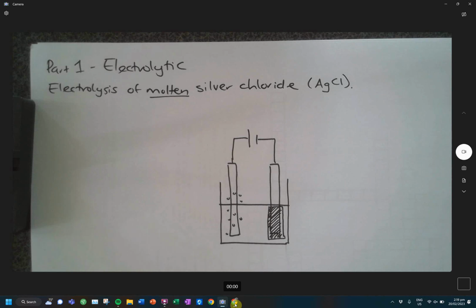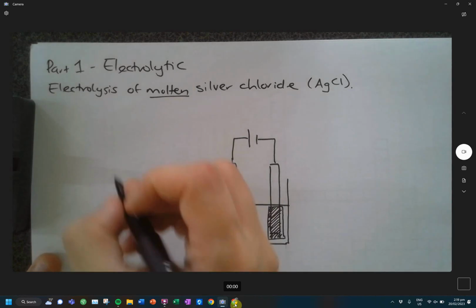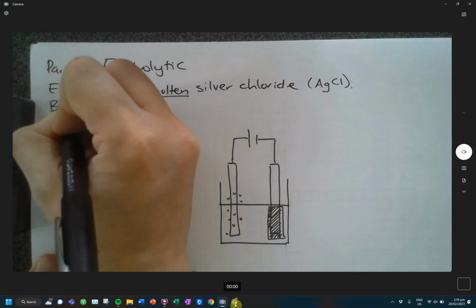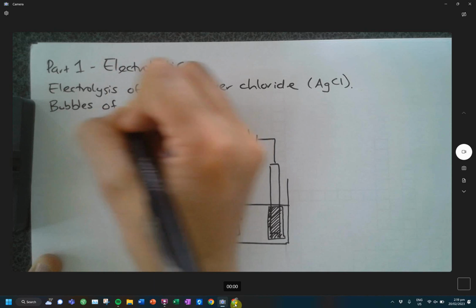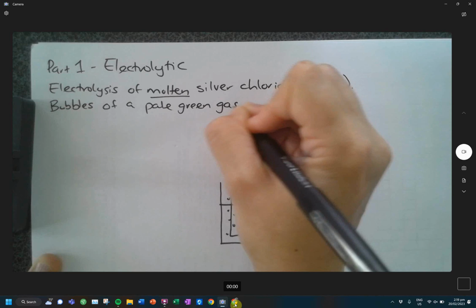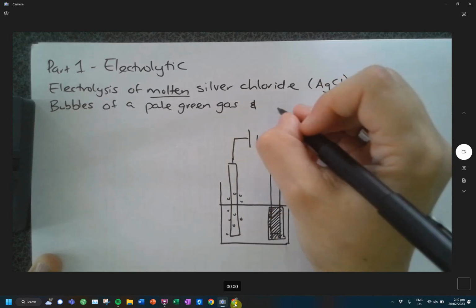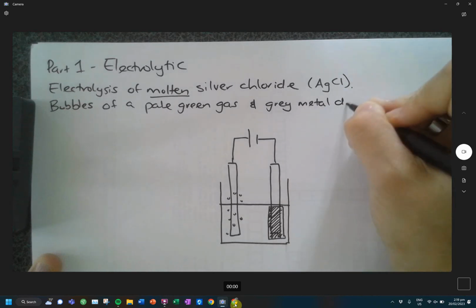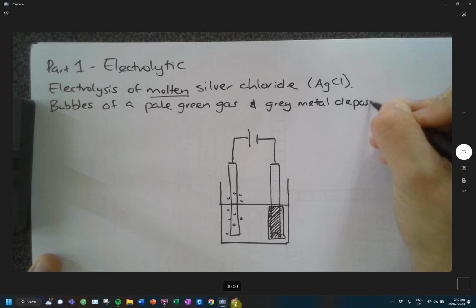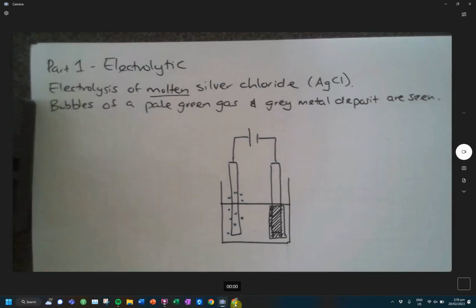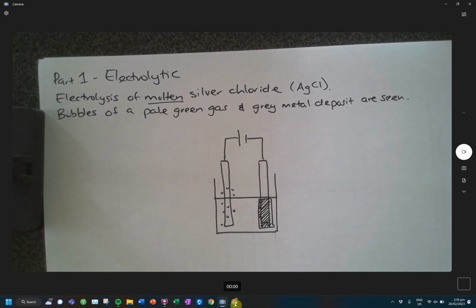So in this case, we have bubbles of a pale green gas, and we have a gray metal deposit. So everything that I've written in black is essentially what you would get on a piece of paper. We're good so far. Easy peasy.